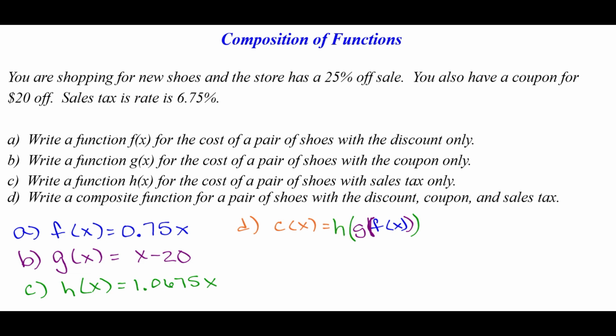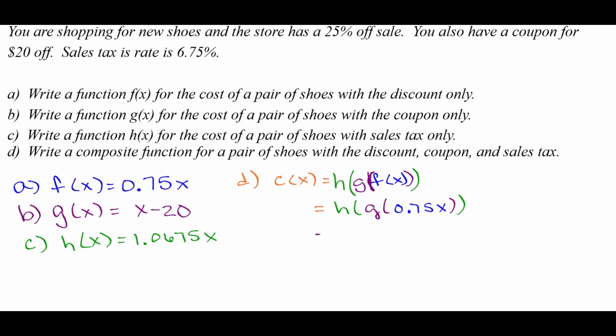So now if we just start simplifying here, so first we're going to have h of g of, and then my f function, which is 0.75x. So then next we're just going to have h of, and now we're going to plug the 0.75x into the g function. So we're going to have the 0.75x and then minus 20.